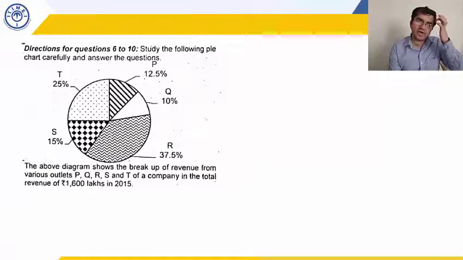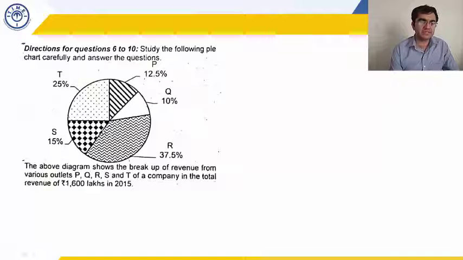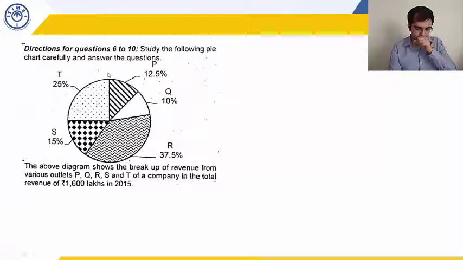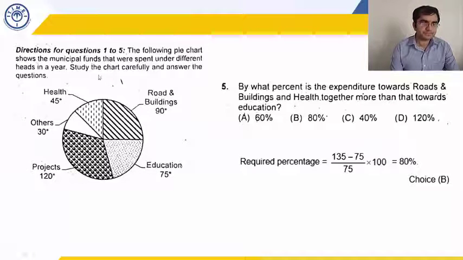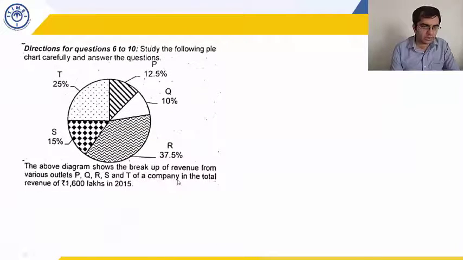In the previous data, you did not have the total given to you. Of course you knew that the total angle is 360 degrees, but in terms of the quantity given to you, that is the municipal funds, the total value was not given to you. Now over here you are given that total revenue of 1600 lakhs in 2015 is generated. That is, the total central angle of 360 degrees corresponds to 1600 lakhs.